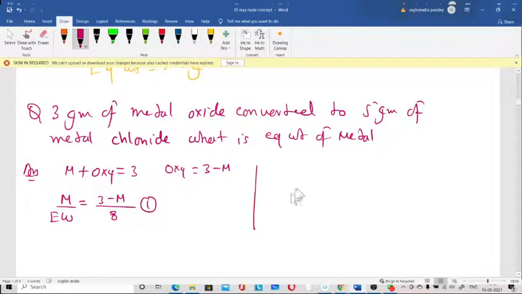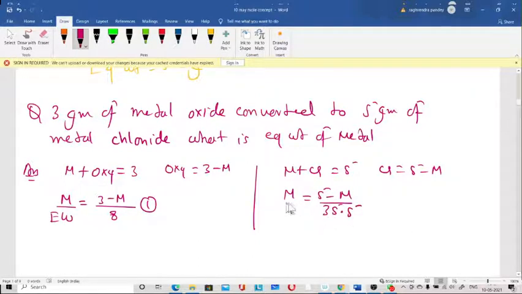Another thing we can write for chlorides, because chloride is 5 gram. Metal plus chlorine is 5 gram, so chlorine is 5 minus m. Now m is attached to 5 minus m gram of chlorine. Whatever is attached to 35.5 gram of chlorine is the equivalent weight.